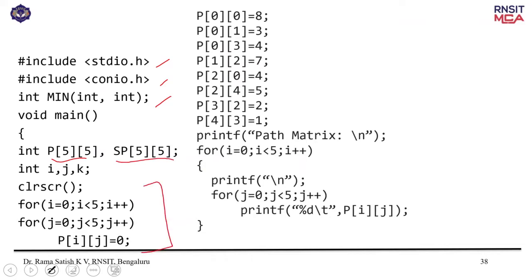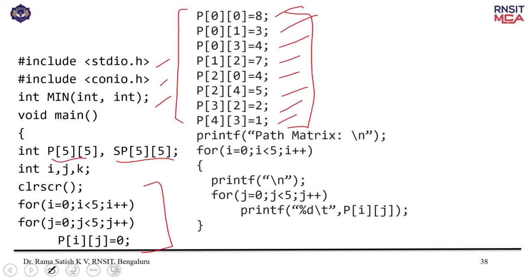First, according to the algorithm, make the path matrix 0, and after that you specify the path distances. So there is a path between 0 to 0, 0 to 1, and 0 to 3, 1 to 2, 2 to 0, 2 to 4, 2 to 3, and 4 to 3. So this is the path matrix.